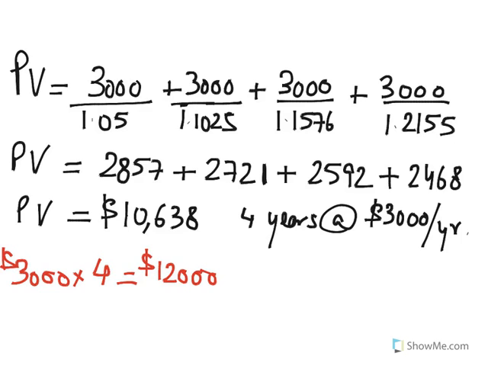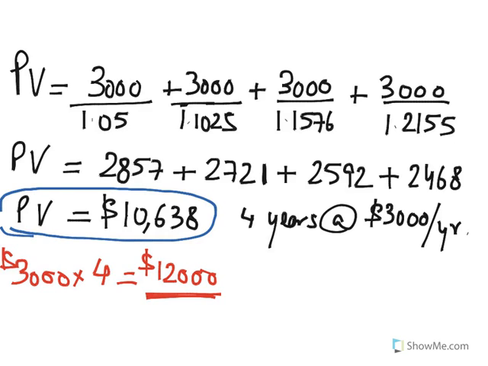Well, the truth is that yes, you are getting the $12,000, but the bigger truth, or the more real truth, is that the value of those $12,000 is really going to be about $10,638 over the 4 years, looked at from the present time, which is year zero.